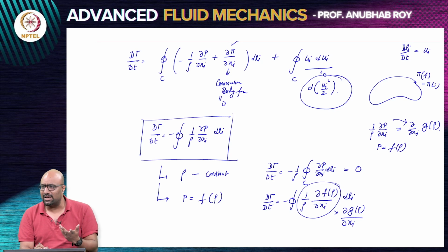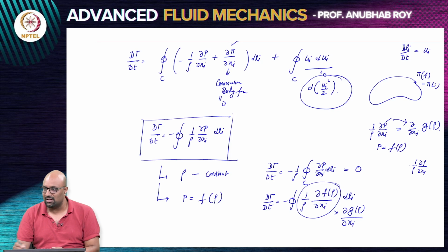Take some trivial example: if pressure was proportional to density, then this would basically become 1 by rho d rho dxi with some factor, which you can then write as dou xi of ln rho. The gradient of log rho is 1 by rho gradient of rho.